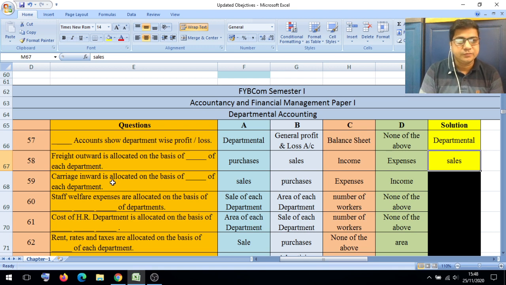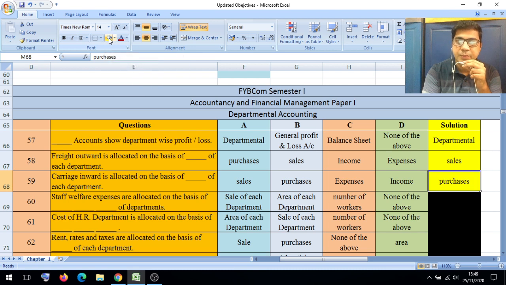Carriage inward. Carriage inward is allocated on the basis of dash of each department. Option A, sales. Option B, purchases. Option C, expenses. Option D, income. Here the right option is purchases.